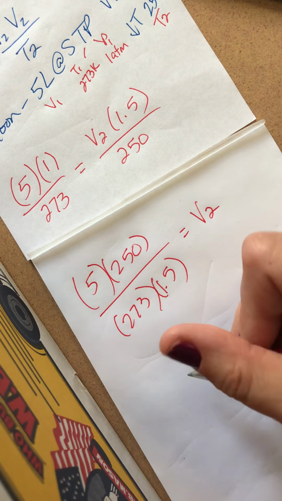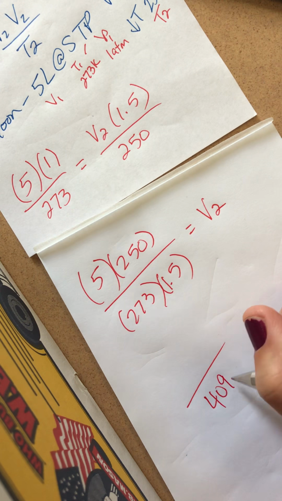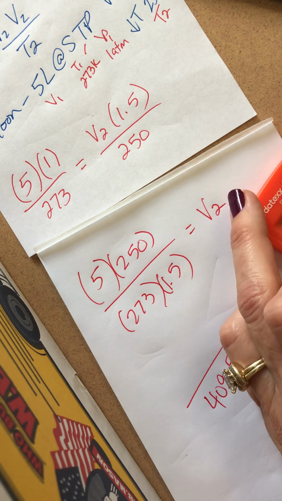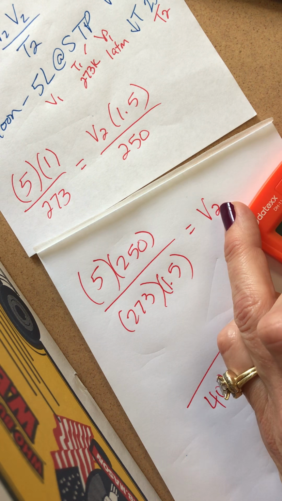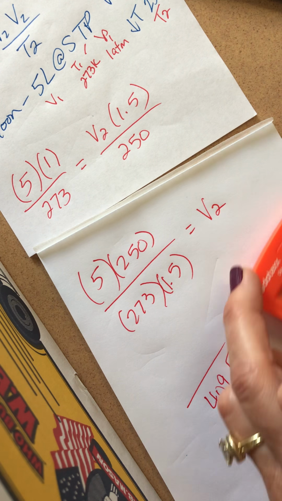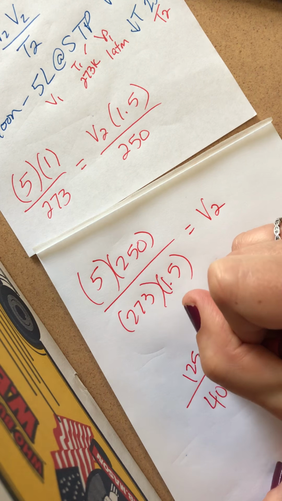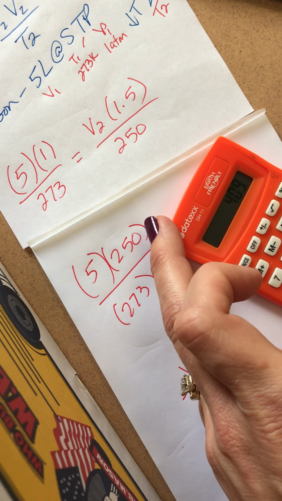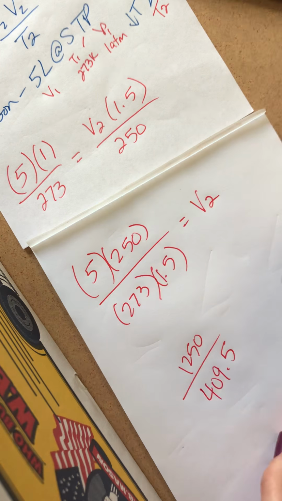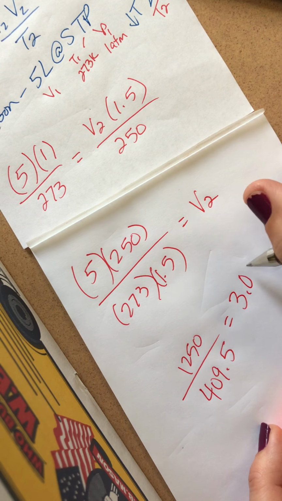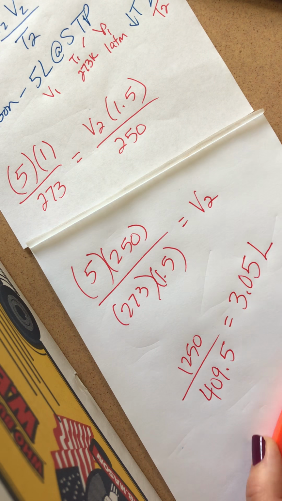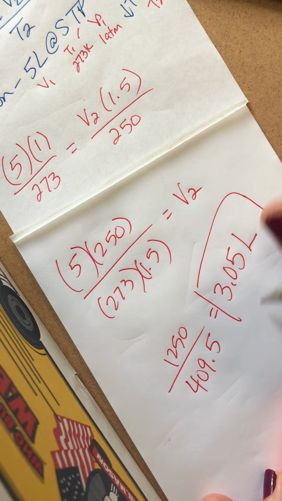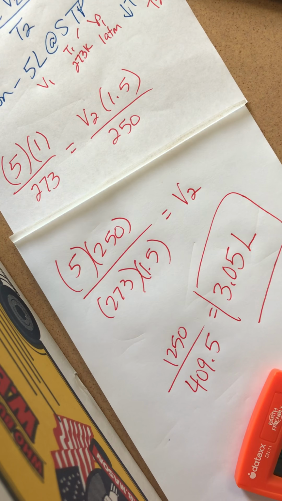I mean, I can punch things in, but I got to write it all down as I go. So 250 times 5, I get 1250, divided by 409.5 equals 3.05 liters. So there would be my answer. So that's how you do a gas law problem.